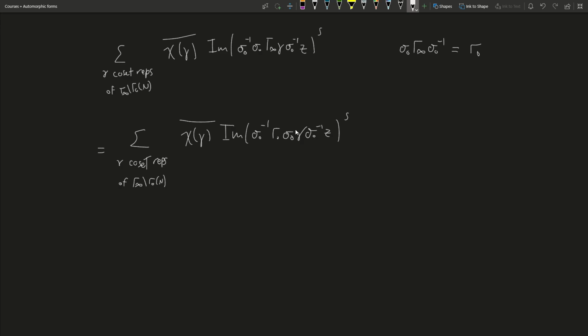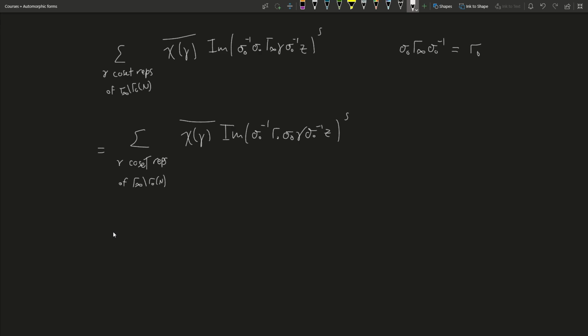And now what we'd like to do is to say that these cosets of gamma naught in fact range over all the cosets of gamma naught, and they get each one once.